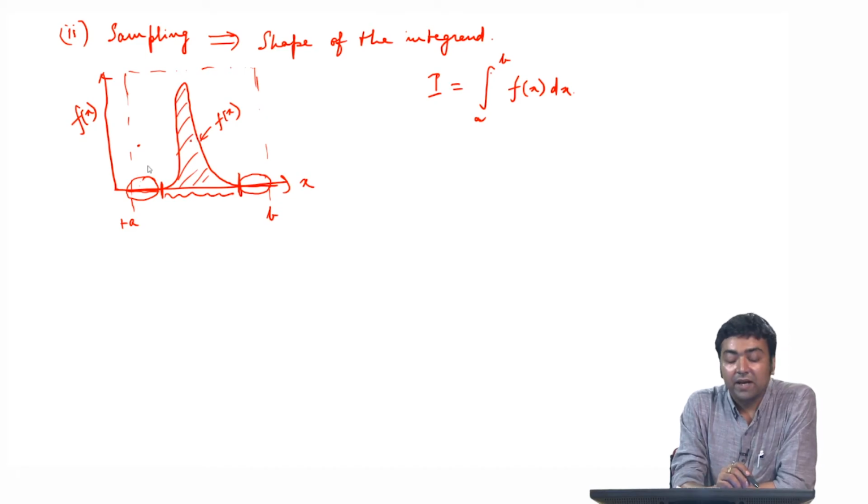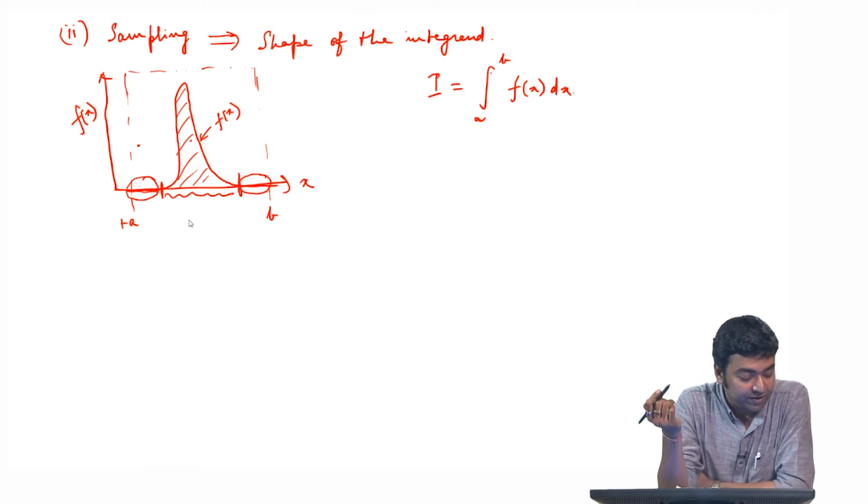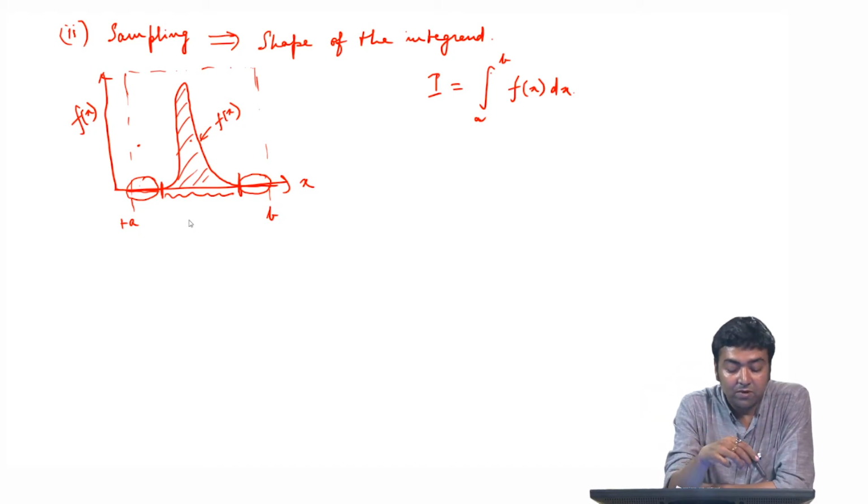So, I need an enormously large number of random numbers to have a reasonable estimate of this integral, because most of my points, both in the hit and miss method and in the brute force method, will lie in the region where the contribution of the function to its average value is close to 0. So, you are losing a lot of sampling, a lot of points. You do not want this.